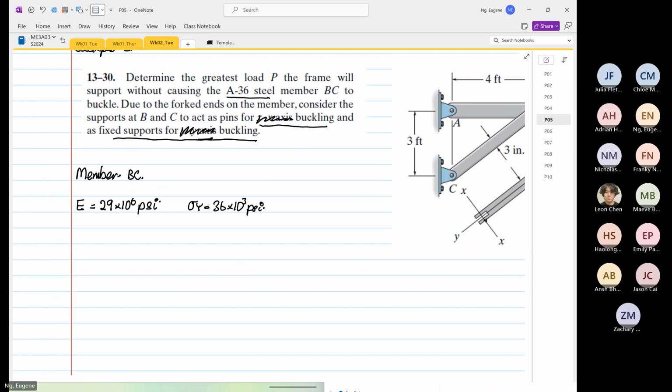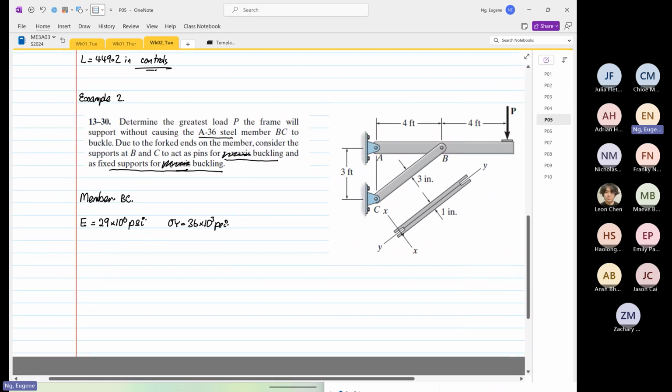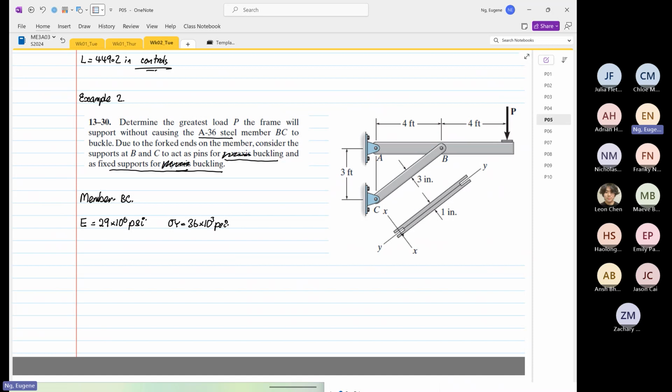Let me crunch some numbers first. Right, so they asked us what should the value of P be?